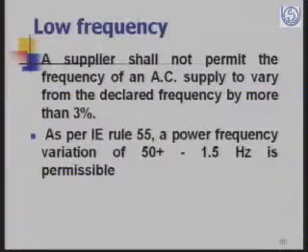The permissible power frequency variation is 50 plus or minus 1.5 Hertz. To maintain this band, we have to have a load and generation balance. We also explain here why we have a frequency band. One can always question, let the frequency vary, how does it affect? Why do we trip the generating machines if the frequency goes beyond a permissible value?